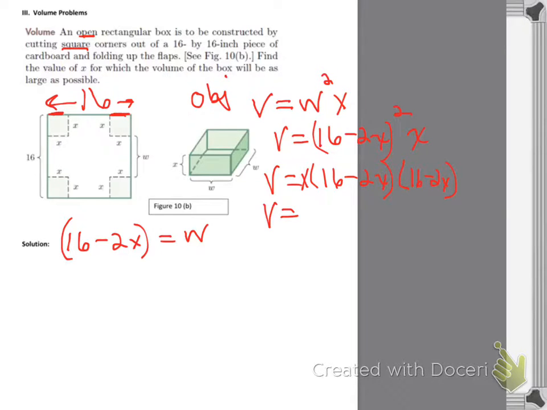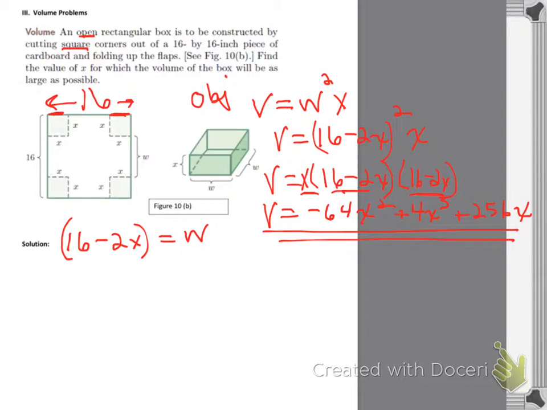Okay, let me just write the whole thing out. If you FOIL this and multiply by the x, you end up with the following. So I get negative 64x squared, and I get a positive 4x cubed, and I get a positive 256x. Okay, that is my volume equation.